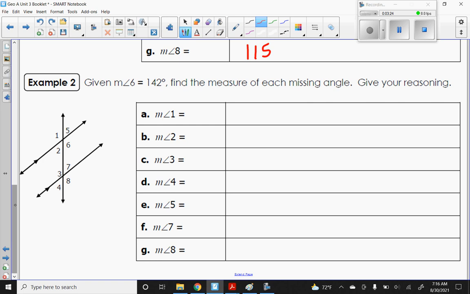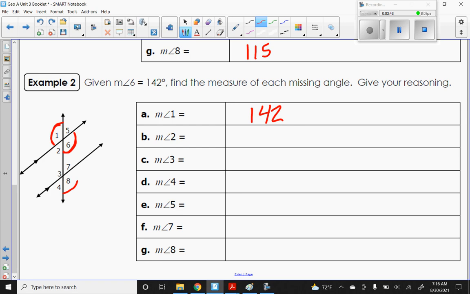Let's look at another example. If angle 6 is 142, that is one of our interior angles. It's also obtuse. So let's look at the red angles that are obtuse and congruent to angle 6. Angle 1 is vertical. That's equal.